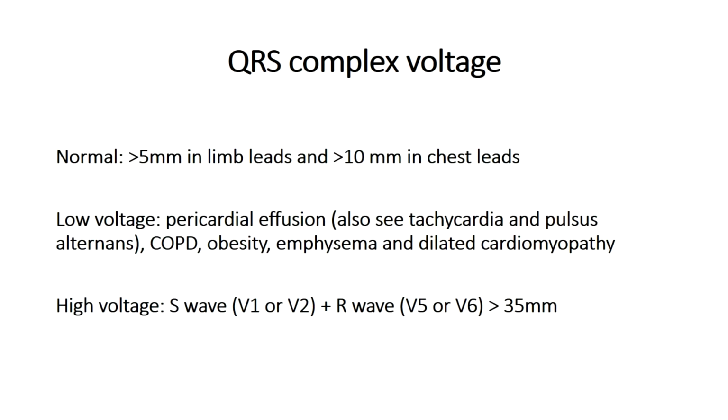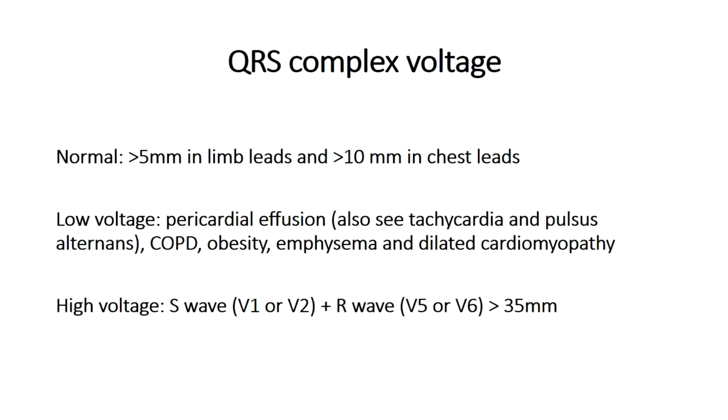So QRS complexes have a certain voltage. Typically, in the limb leads, the QRS complex voltage or amplitude should be greater than 5 millimeters. And in the precordial leads, because they're closer again to the heart, you should be seeing a greater amplitude of these QRS complexes, and therefore they should measure greater than 10 millimeters in length.